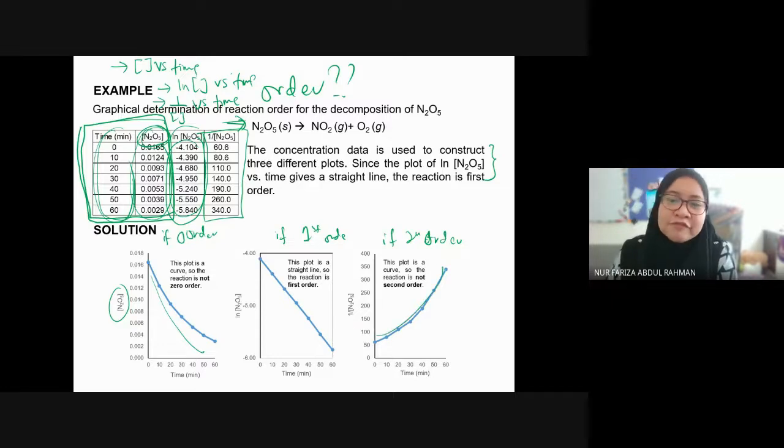Second, dapat curve juga. Tak nak. Curve tak nak. Kita nak straight line. Kalau dia straight line tu, maksudnya graph tu represent the order of the reaction. Maksudnya ln versus T kan? Ln concentration versus T. Therefore, the order of the reaction is first order.